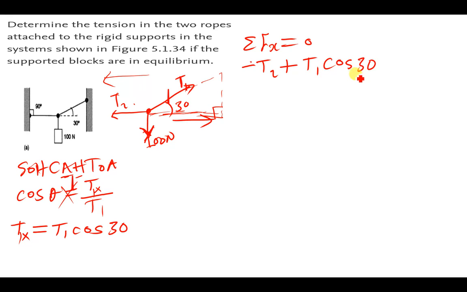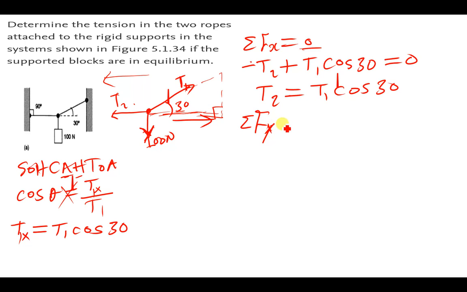And then, do we have any other force in the x? No, we don't. So we say this is equal to 0. We make T2 the subject, so T2 will simply be equal to T1 cos 30 when you take T2 to the other side of the equal sign. From there we can also take all the forces that are in the y. The forces in the y are also supposed to add up to 0.